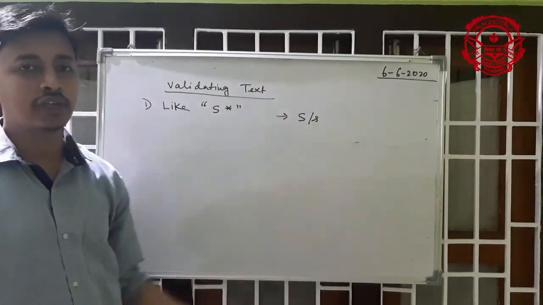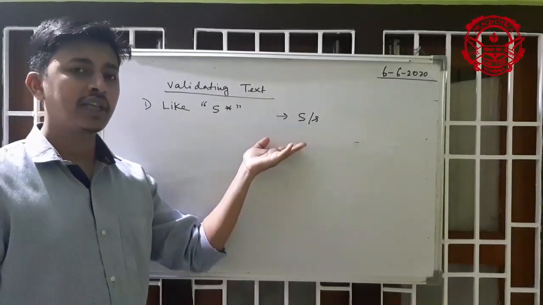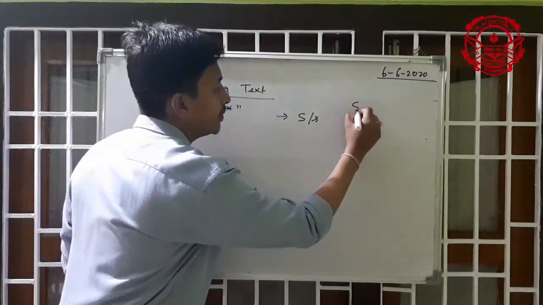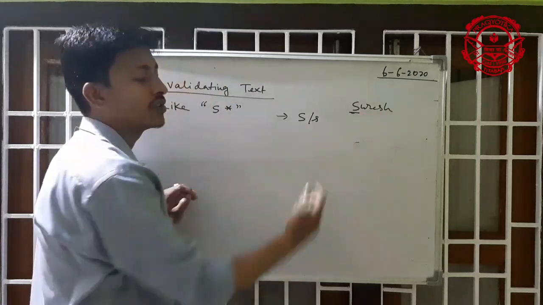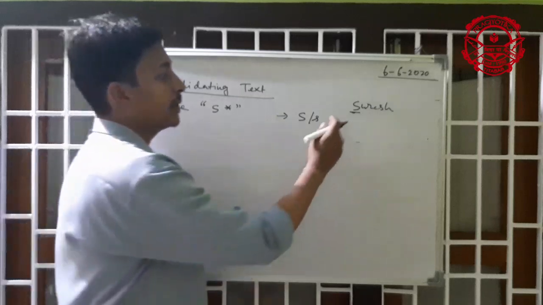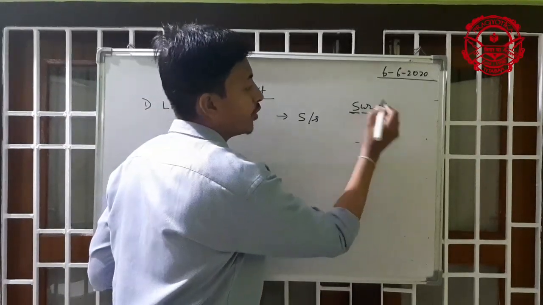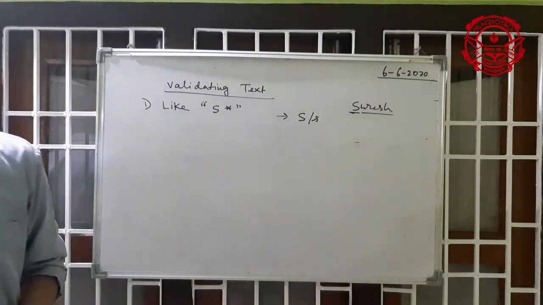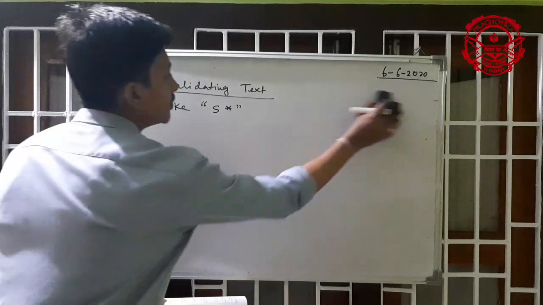Like Suresh: S is coming, that's why Suresh will come in the range. It may be 0 characters after the S or maybe more, no matter.